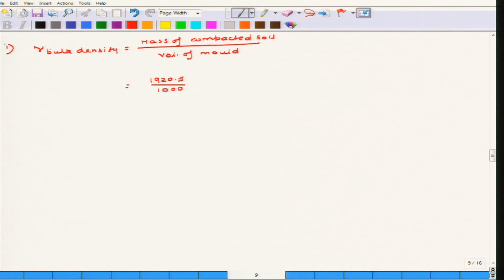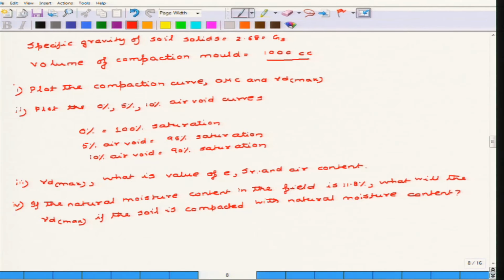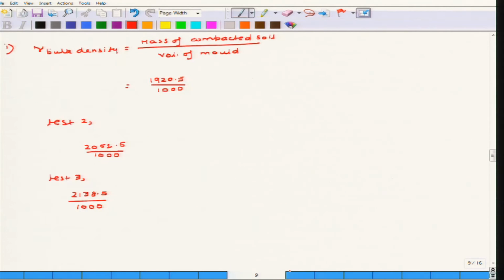Similarly, for test 2 it will be 2051.5 by 1000, and for test 3 it will be 2138.5 by 1000. All these numbers come from here, 1920.5, 2051.5, 2138.5, and it is given that the volume of the compaction mold is 1000 cc. So, we will consider test 3 right now.